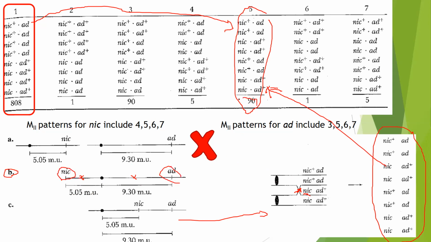However, this number is very large, which means this is more likely to occur, which means these two genes are very likely tightly linked like this. All right. So this data will give us the results. This is impossible, and this is the correct mapping situation.